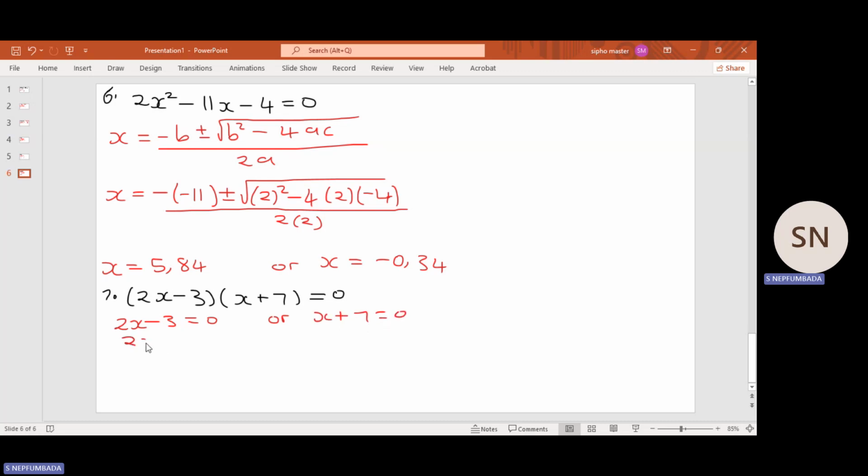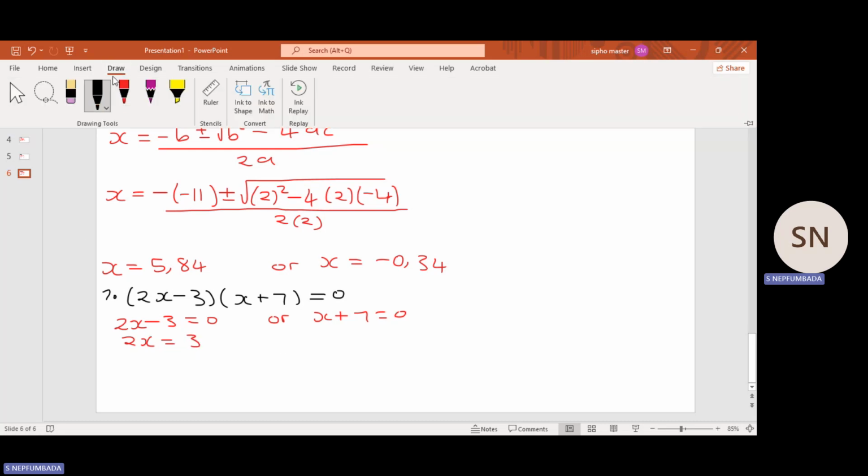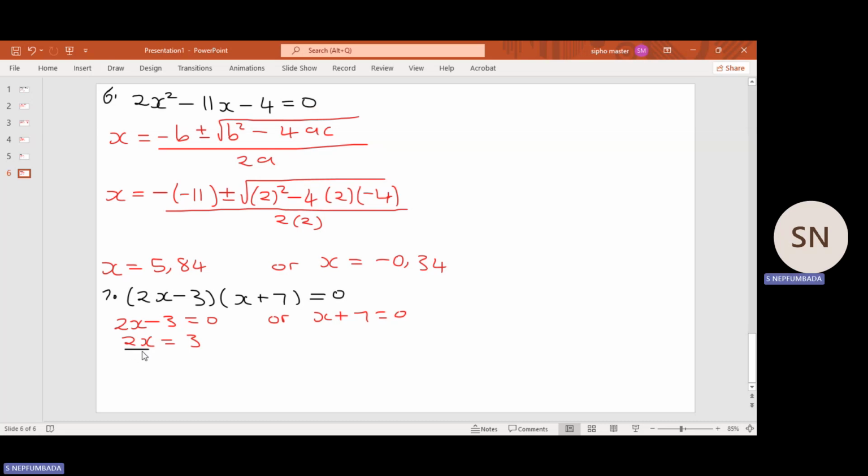Therefore, our 2x is equal to 3. We take 3 to that side, then we divide both sides by 2. Therefore, we get that x is equal to 3 over 2. At this side, we just take 7 to the other side, and it gives us negative 7.